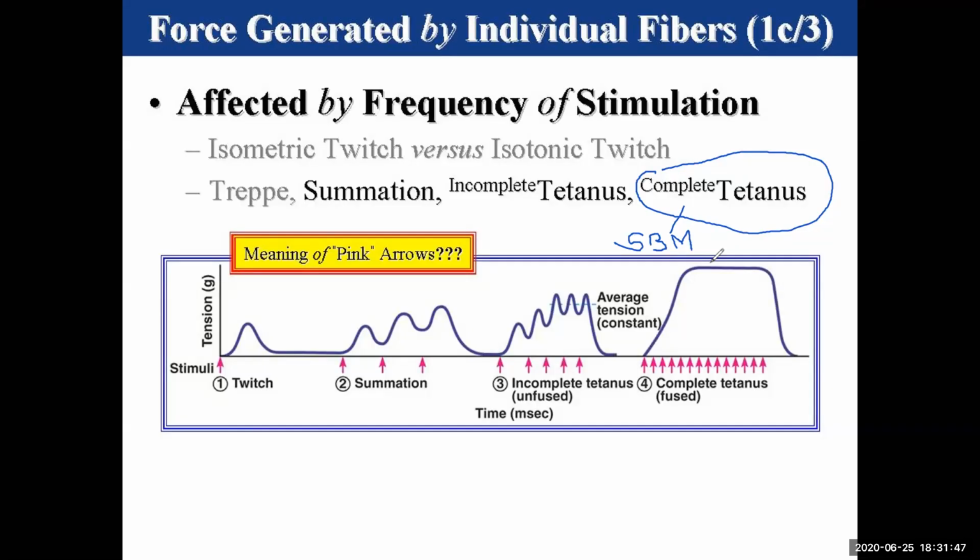So any daily movement that generates smooth motion is due to this complete tetanus, because the stimuli are coming so close in time that the contractions literally add up to one another into one smooth contraction.